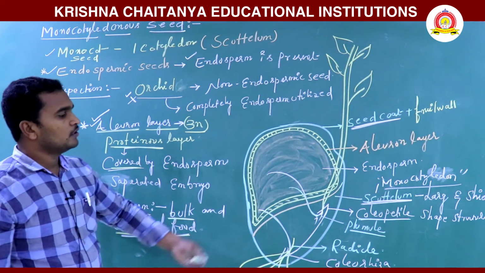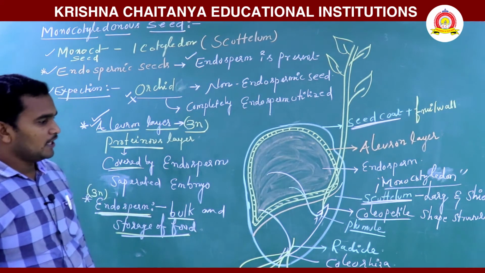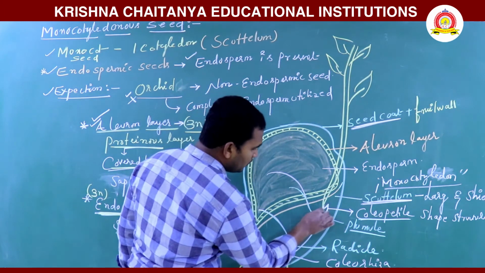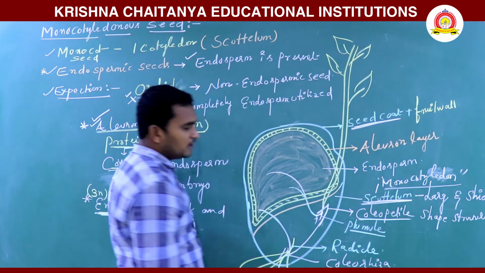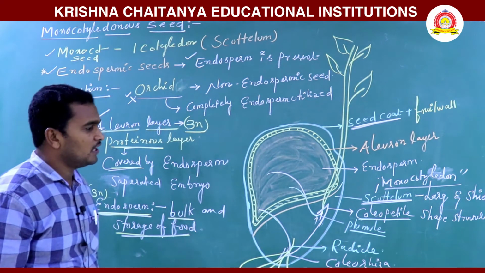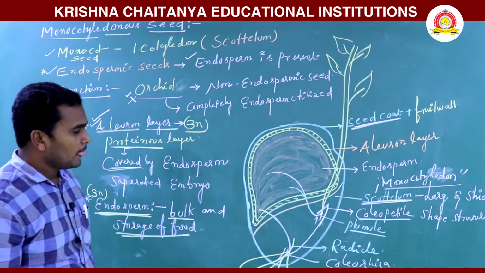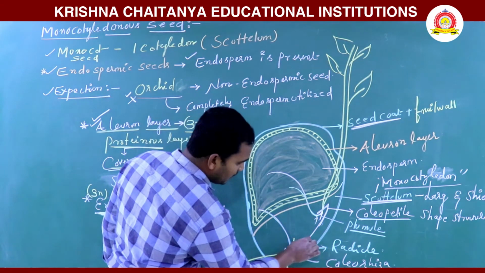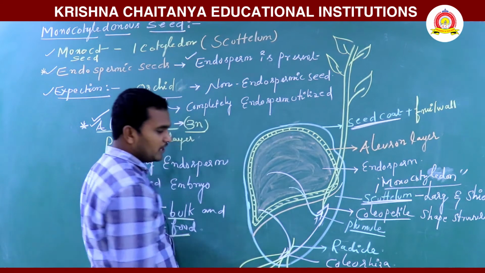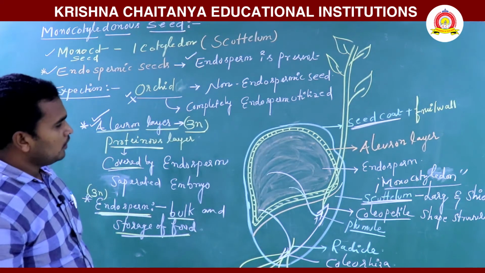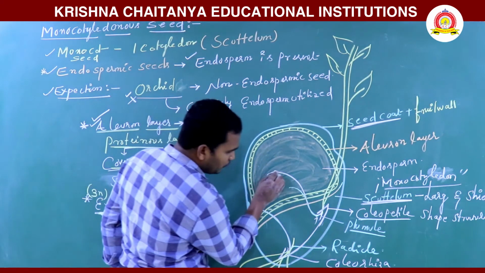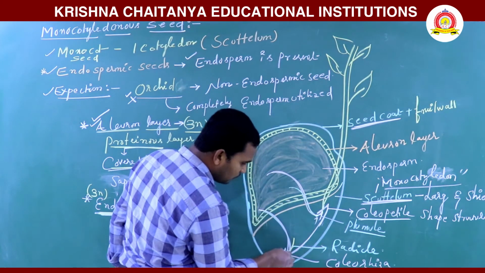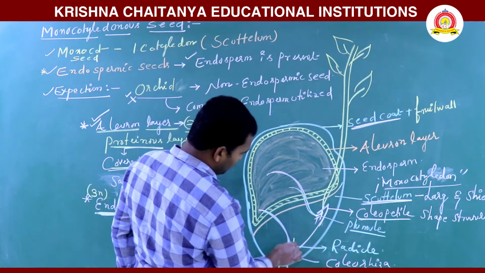Next is the coleoptile, the specialized sheath covering the plumule, and the coleorhiza is the sheath covering the radicle. During germination the endosperm is utilized by the plumule and radicle, which develop into the shoot system and the root system.